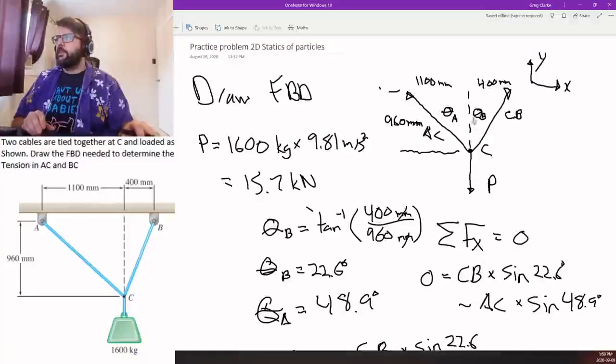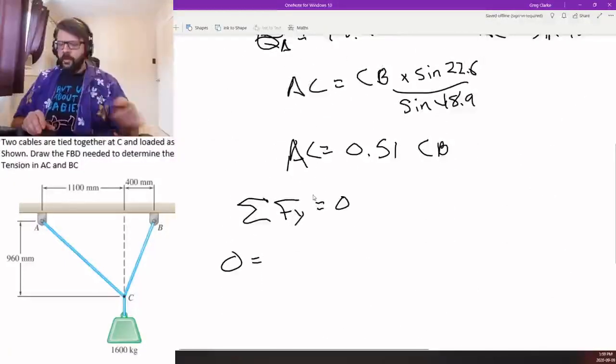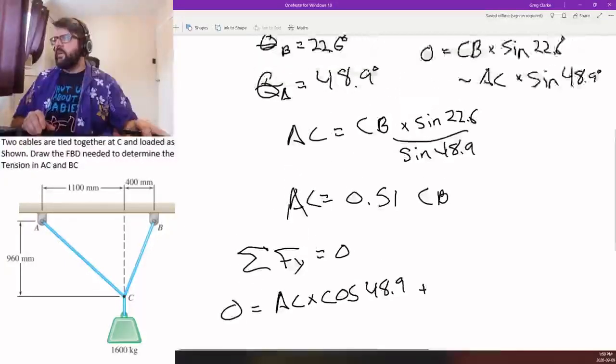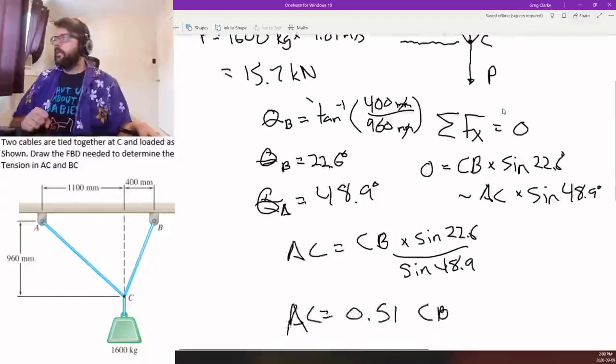We want this portion here, not that portion there.